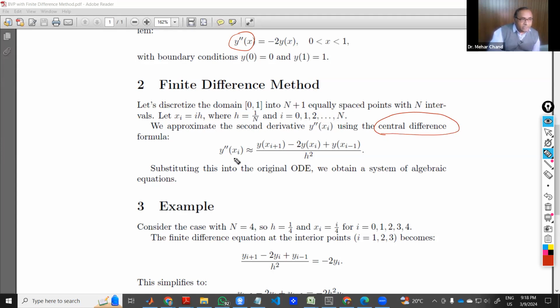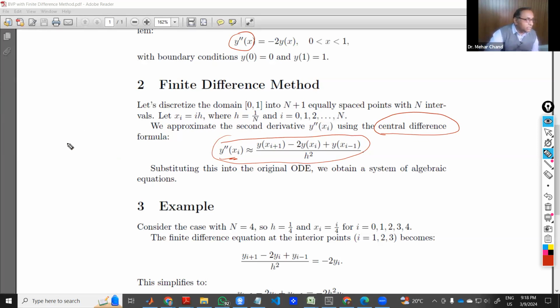So y double dash xi will be equal to y xi plus 1 minus 2 y xi plus y xi minus 1 upon h square. This is the second order central difference. All this was discussed in the very first lecture when we started finite difference.